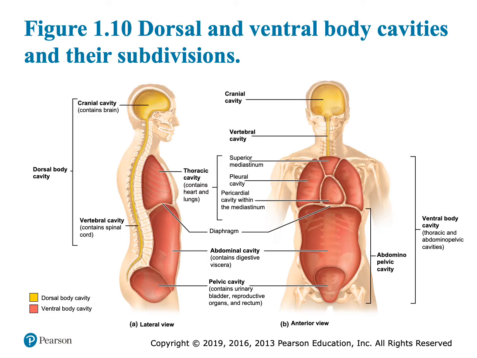Then we have the ventral body cavity. This is both a lateral view and an anterior view. You can see, with this little pointer right here, this section is the thoracic cavity. The thoracic cavity is divided from the next cavity by this muscle right here, the diaphragm. And then we have the abdominopelvic cavity, which can also be divided into the abdominal cavity and the pelvic cavity.